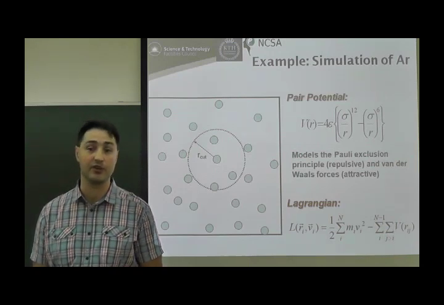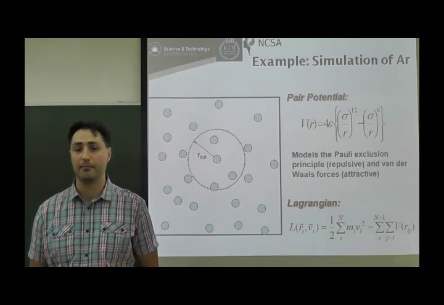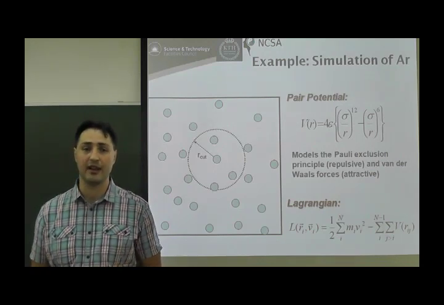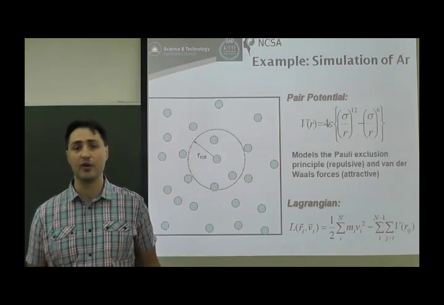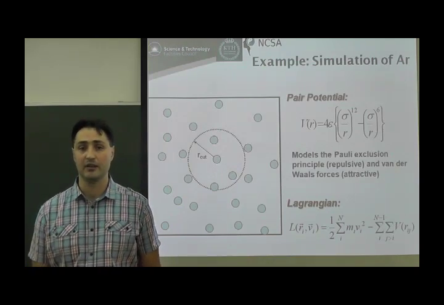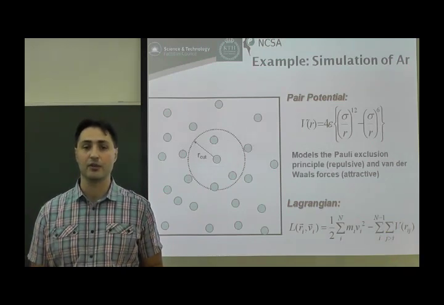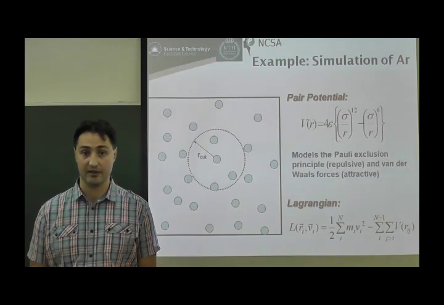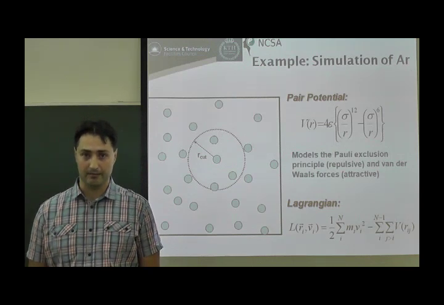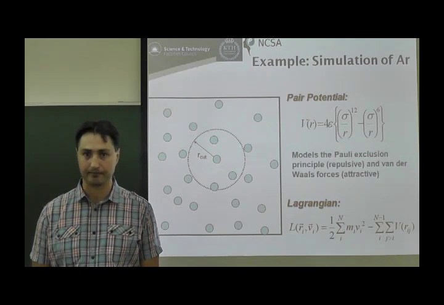We have a Lagrangian, which is simply the difference between the kinetic and the potential energy of the system. You can see the box of the simulation, and we are centered on one particle, and we have a cutoff sphere around it, and all the particles within the cutoff sphere interact with the particle we have centered ourselves on. And the particle doesn't feel anything about the particles that are beyond the cutoff of that sphere.